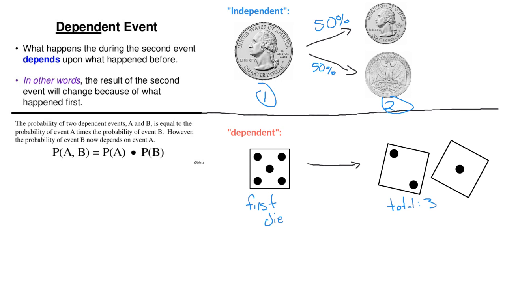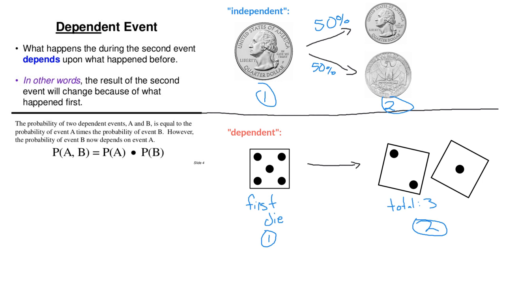Let's say our first event is rolling one die. We're not going to pick that die up. We're just going to roll another die, and we're going to add them together. I'm going to conceptualize my first event as rolling a 5, and my second event is the 2 dice totaling a 3. Now, imagine that you roll one die and it's a 5.